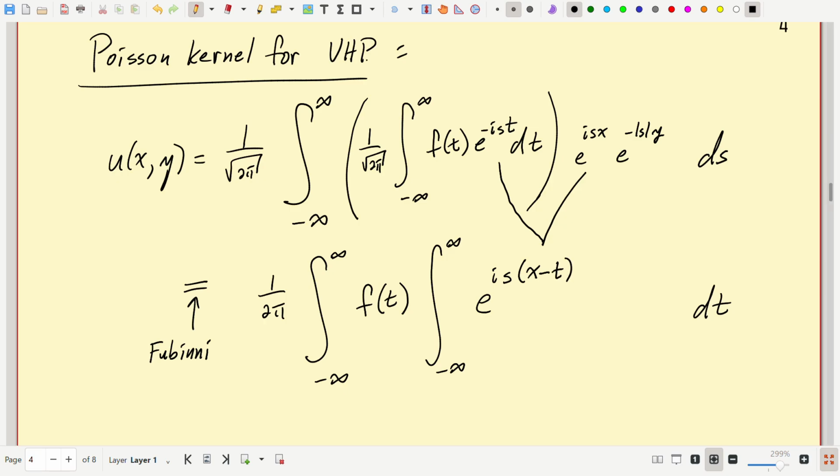And this one is an e to the minus absolute value of s times y, and I'm integrating this ds.